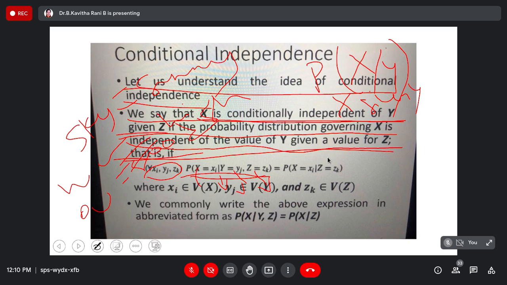Here, X is conditionally independent of Y given Z, meaning Y is the independent variable here. Okay, so since Y is independent, we eliminate that and consider these two together. So X is conditionally independent from Y, so we eliminate it. Then we will get this value, if xi belongs to V of X, yj belongs to V of Y, zk belongs to V of Z. So we commonly write the above expression in abbreviated form as this.